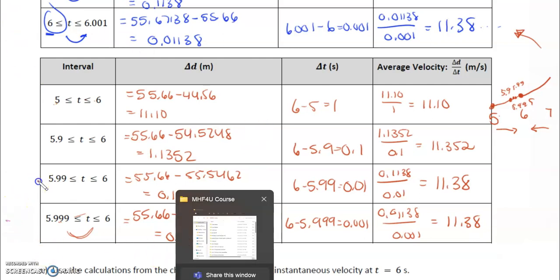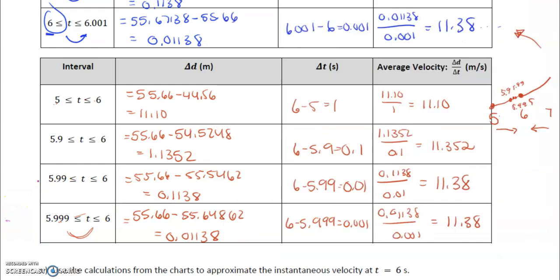So let's actually talk about what's going on here. As we come closer and closer to 6, again with average velocity, we're using the slope, essentially drawing a secant between 5 and 6, and then 5.9 and 6, then 5.99 and 6, and then 5.999 and 6.